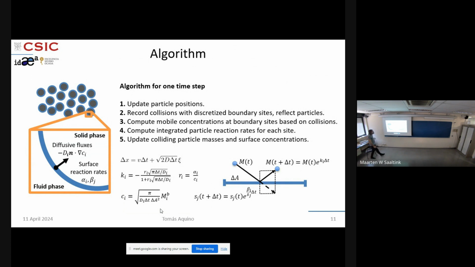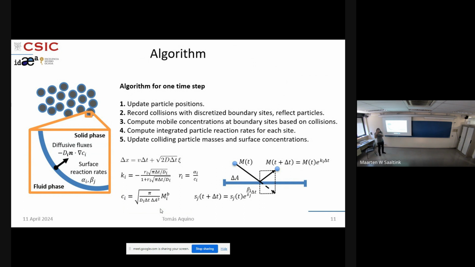And now you have your algorithm, right? You update your particle positions using the usual random walk formulation. Then you check who hit walls. You reflect them as needed as before, elastically, and you remember who hit where, okay? Then you go check the places where particles hit, and you use the previous formulation that I was just quickly deriving for you to compute the surface concentrations of the mobile components.